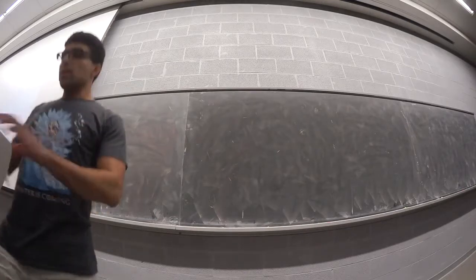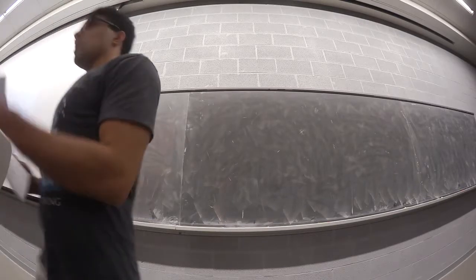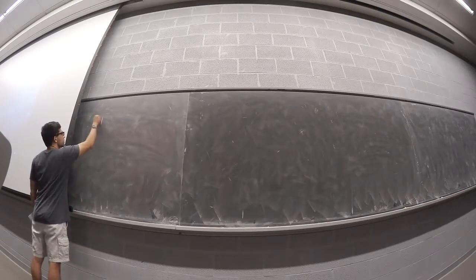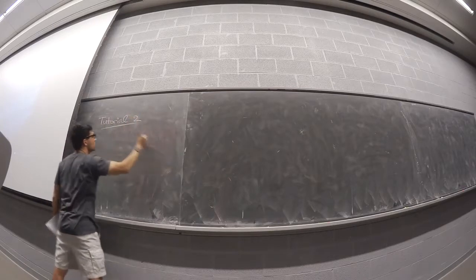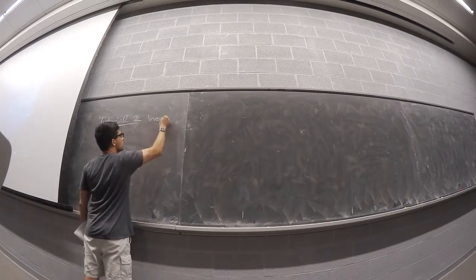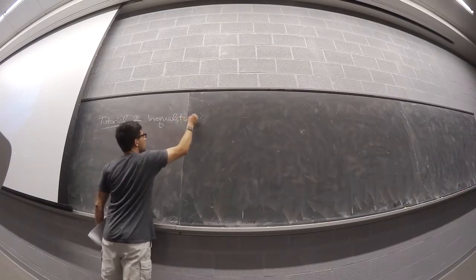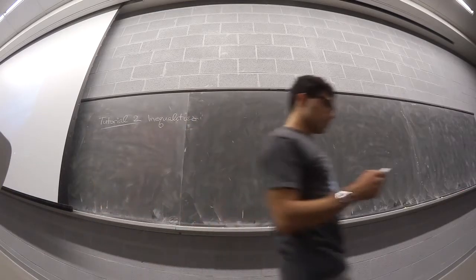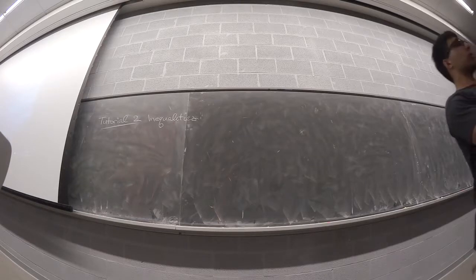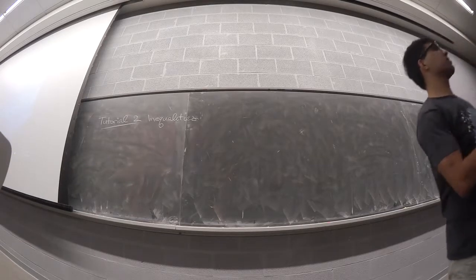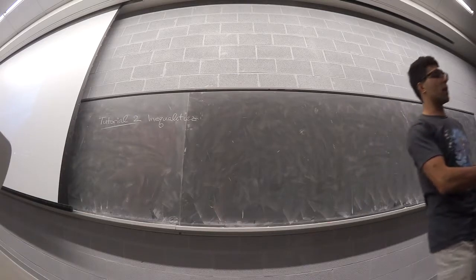Okay, folks, last time we talked about a bunch of functions, the algebraic functions, and today we'll talk about inequalities. If you don't know already, we're going to be using these once we learn derivatives to find out where a function is increasing, where it's decreasing, where it's concave up, where it's concave down.